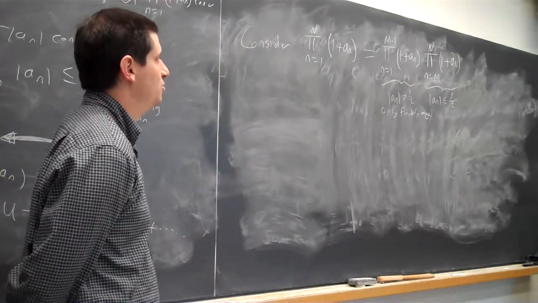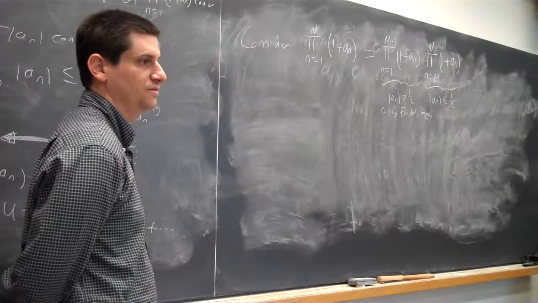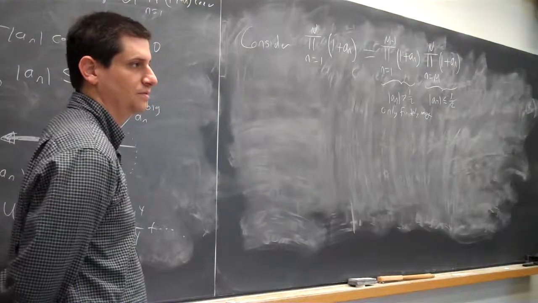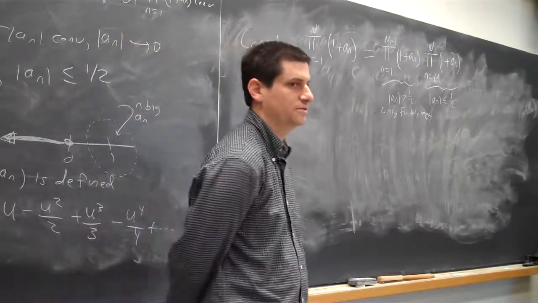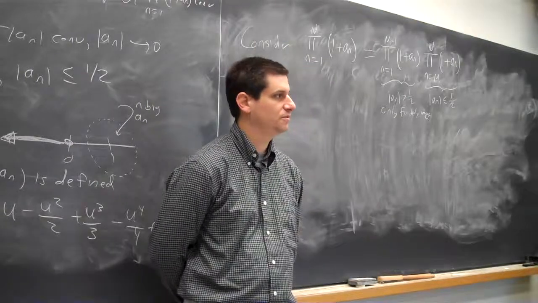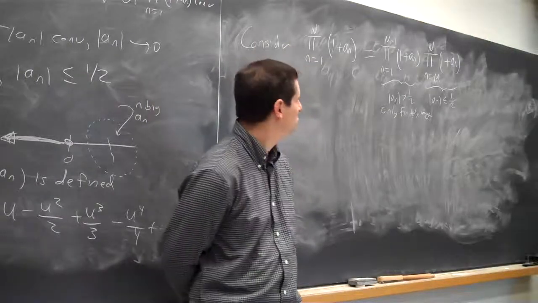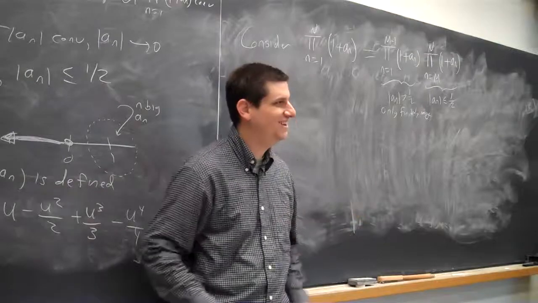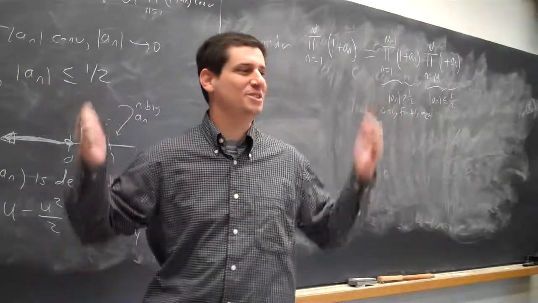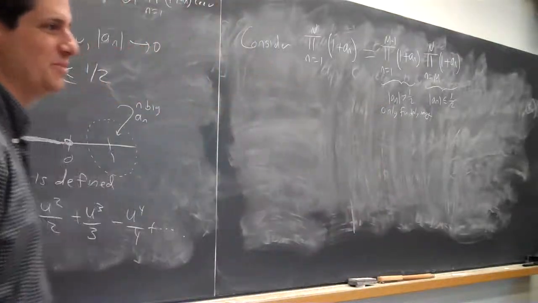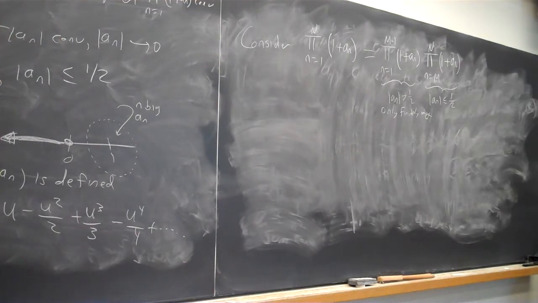What's the easiest value to assume for m? What would be nice? 2. A little lower. 1. Right? It would be nice if every term was just less than or equal to a half in absolute value. Right? We can always assume that.